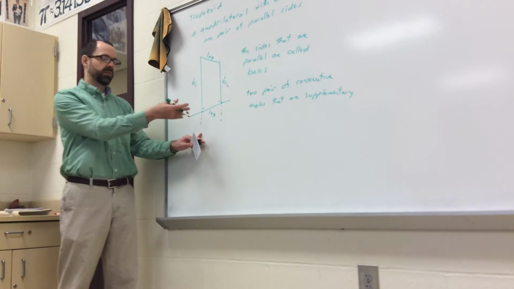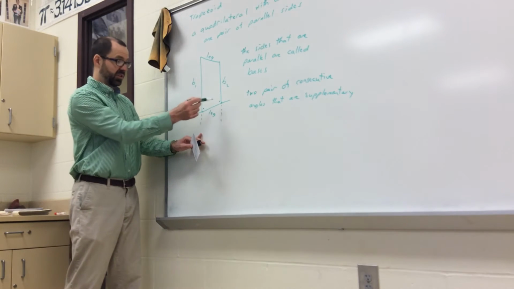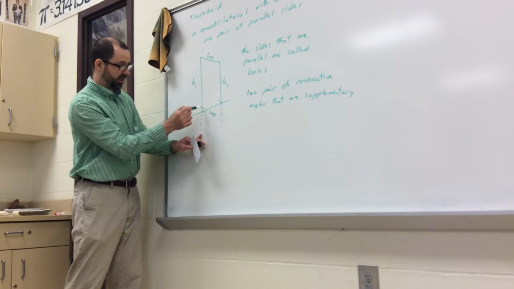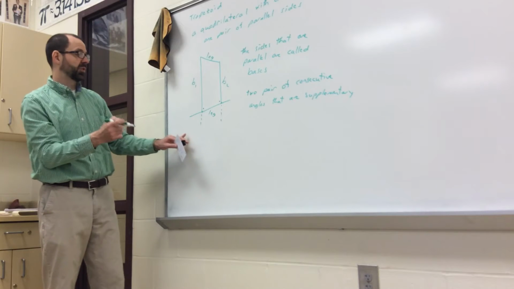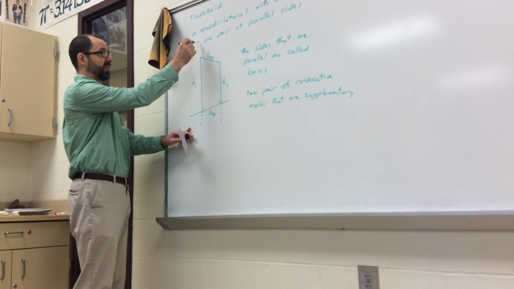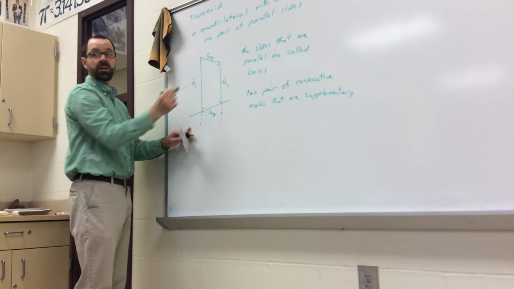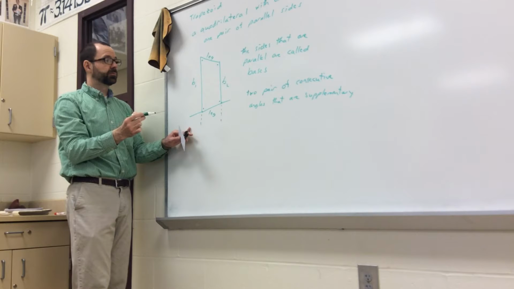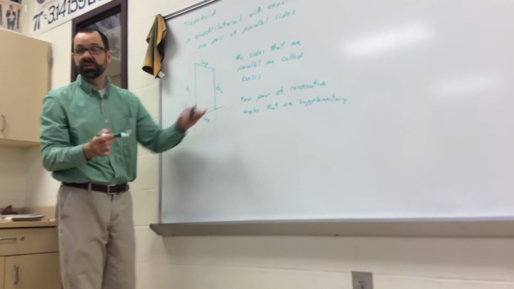We had this back when we talked about parallel lines. These are called consecutive interior, so they're supplementary. These are called alternate interior, so they're congruent. Okay, so that's why those are supplementary. And the same thing's happening up here. These two angles add up to 180. So we have two pair of consecutive angles that are supplementary.